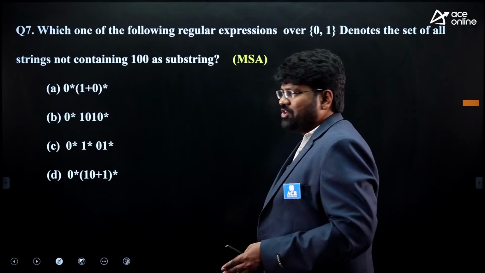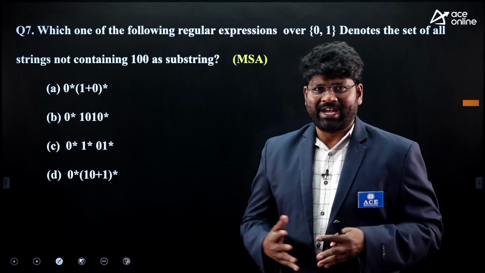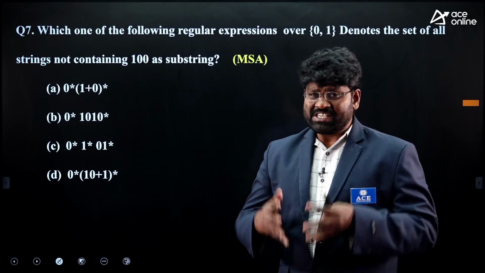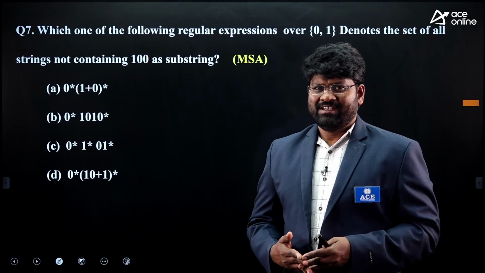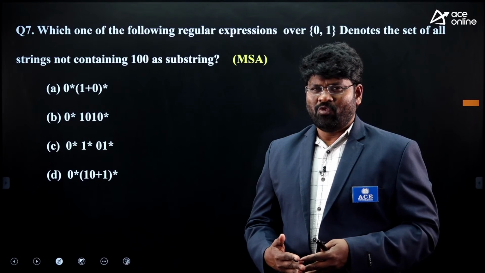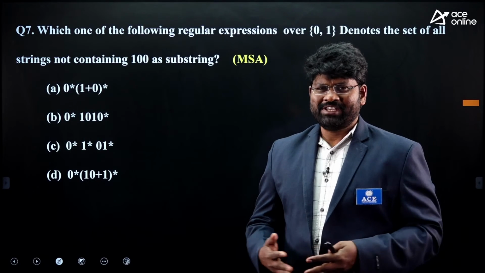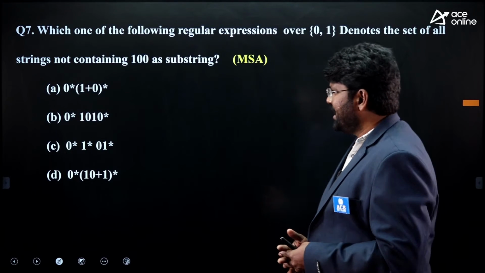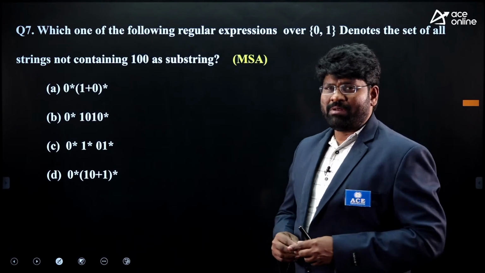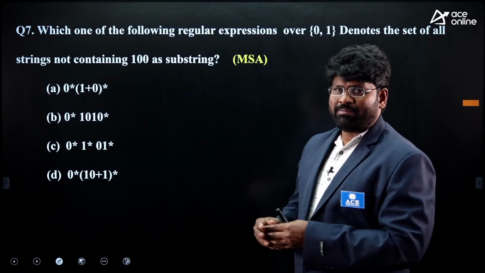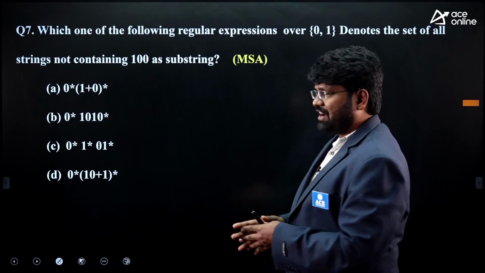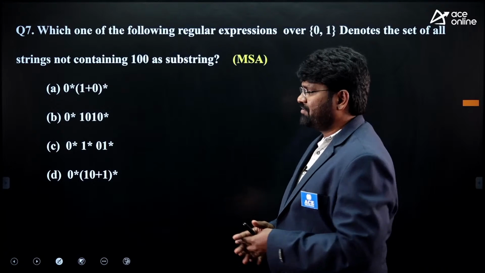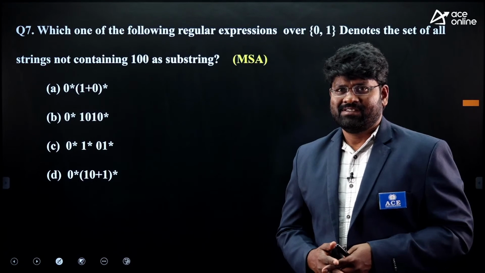Take your own time and tell me what the right answer could be. Take a minute, work on this problem, and come up with your solution. Try to understand the problem statement and identify the right answer from these 4 choices.